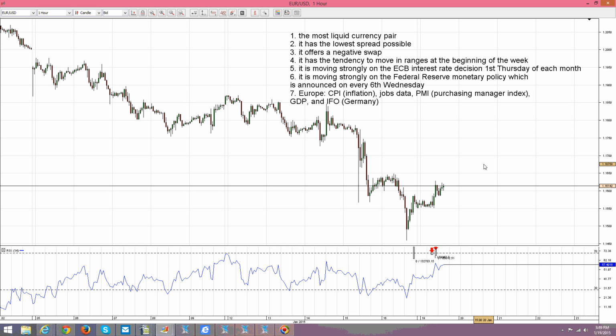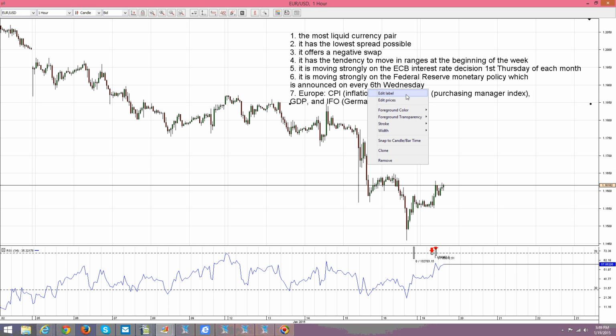And this is important because Germany, being the most important economy in the Eurozone, what's happening in Germany is affecting the Eurozone as well. Now the same is valid on the United States, basically.